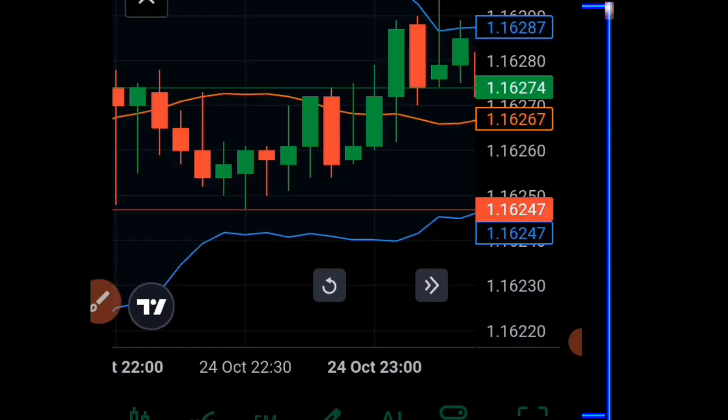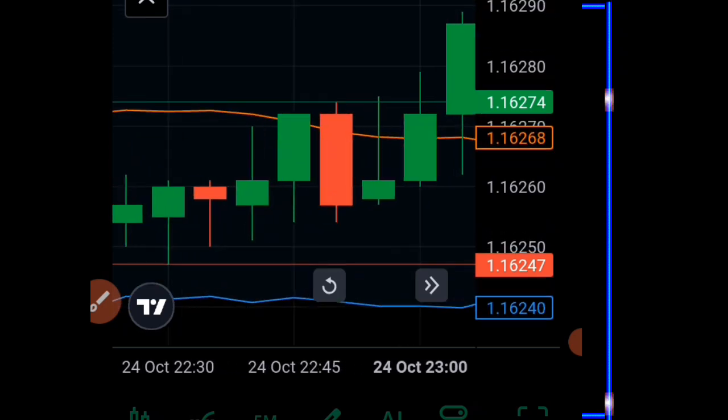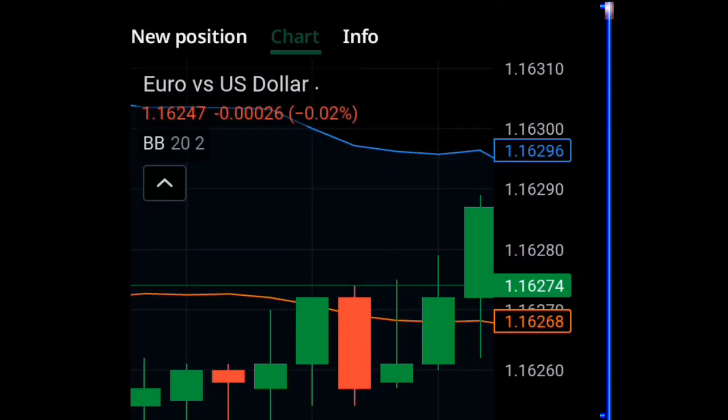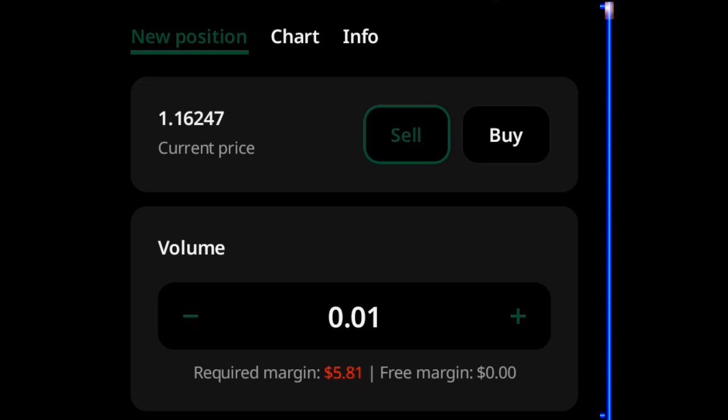Another thing we need to do is, once we have finished analyzing our market, we can now come here. Let me show you. We can now come here and click new position.